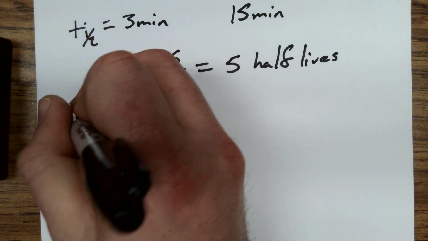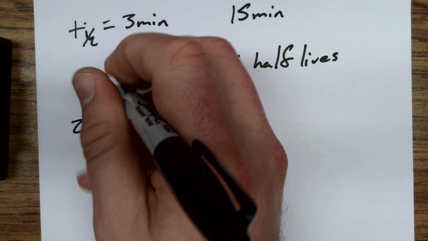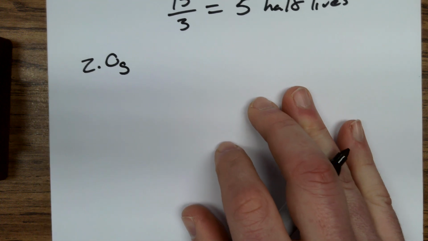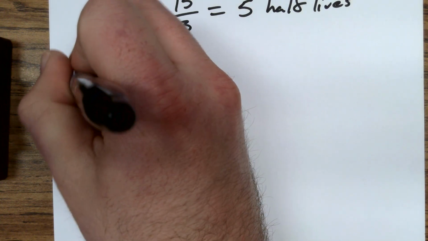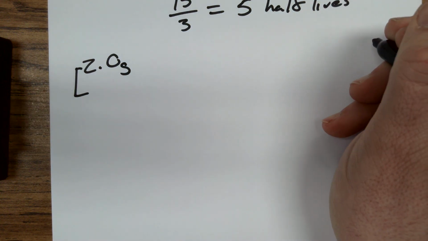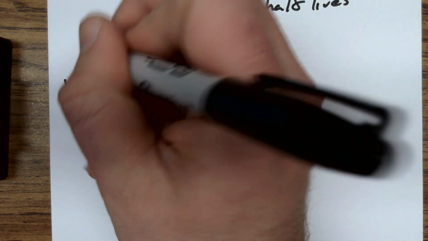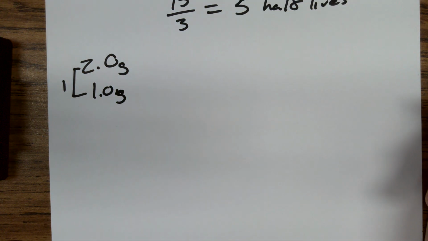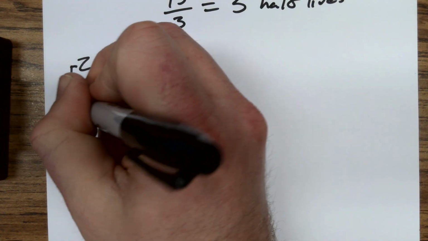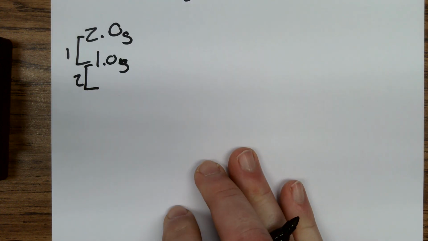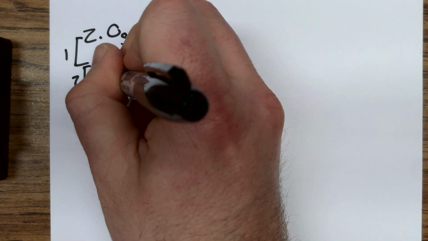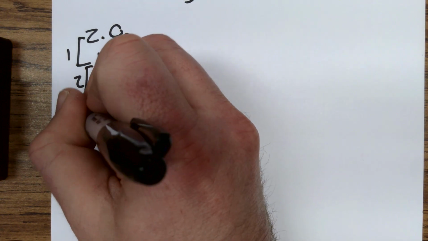Now I start off with 0.2 grams. How much do I have after 1 half-life? Half of 0.2 is 0.1. Second half-life, what's half of 0.1? 0.05 grams.